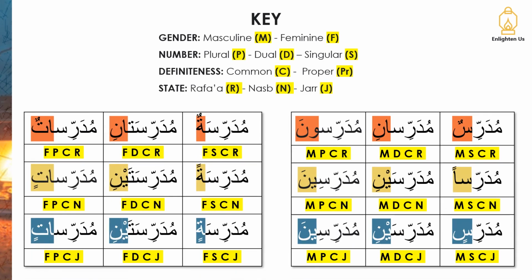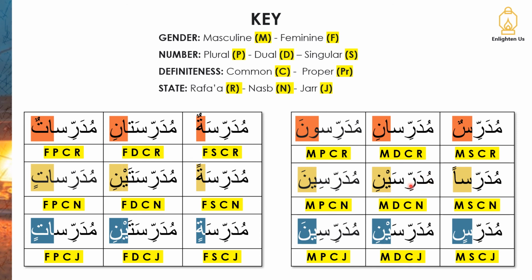Now if I was to ask you, for instance, to provide me with the version of mudarrisun that is masculine, dual, common and nasab, well, we know that this is the table for masculine. We know that the second column is for the dual. We know that all of these words are common, and we know that the middle row is the nasab.